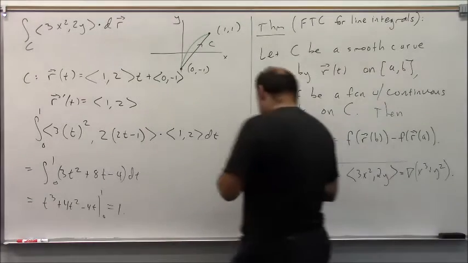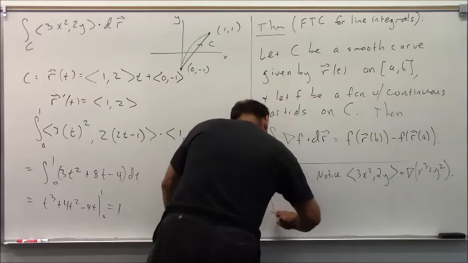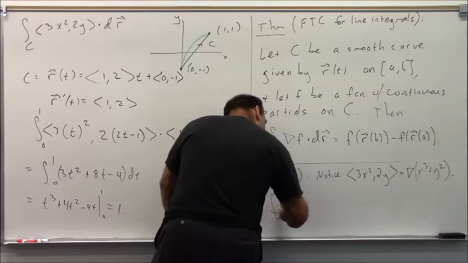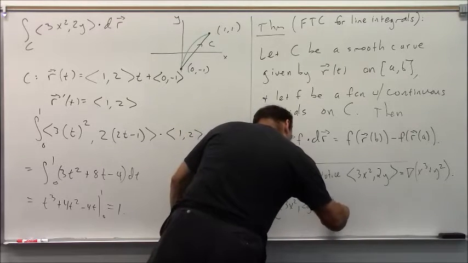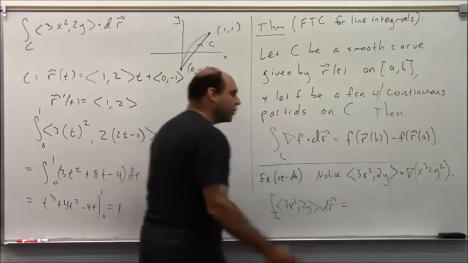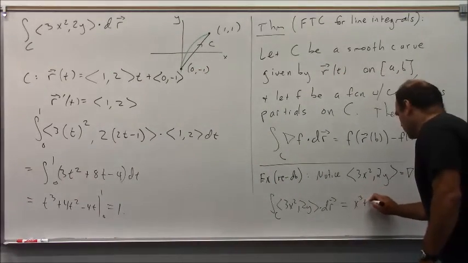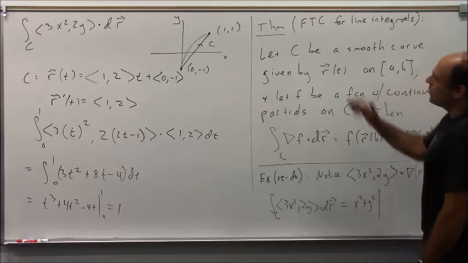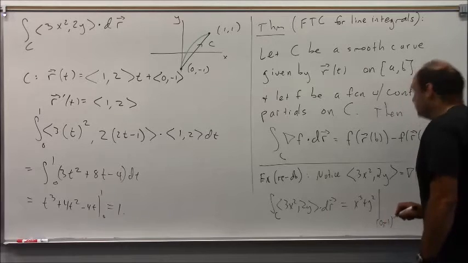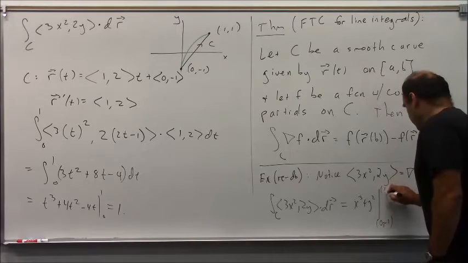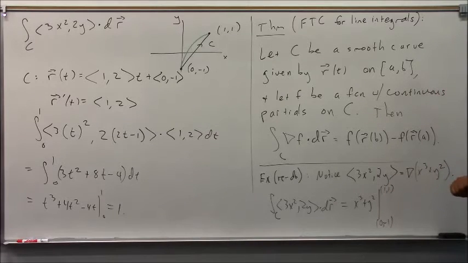And so, since I know what my endpoints are, I can say my path integral over C of 3x squared comma 2y dot dr is equal to x cubed plus y squared evaluated from 0, -1, my starting point, to 1, 1, my ending point. Where this vertical bar notation means the same thing it did in Calc 1.